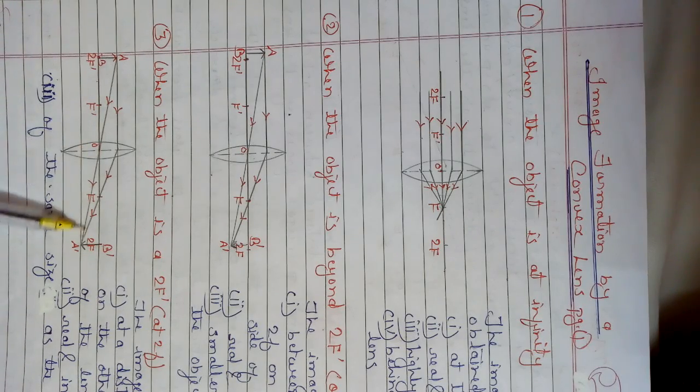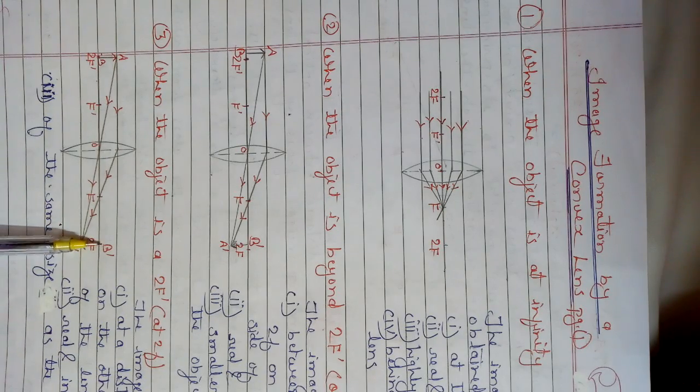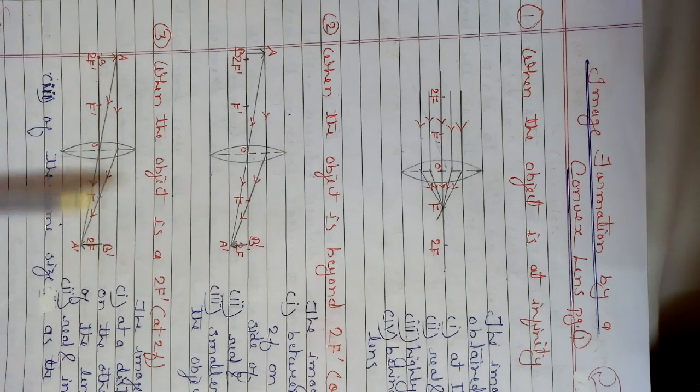This ray will be undeviated after refraction, and the ray parallel to the principal axis will pass through the principal focus of the convex lens. By intersection of these two rays, we get an image exactly at 2f, that means on the other side of the convex lens at 2f, of the same size, real and inverted.